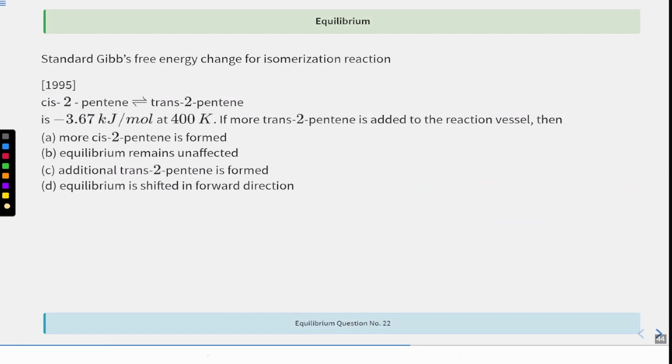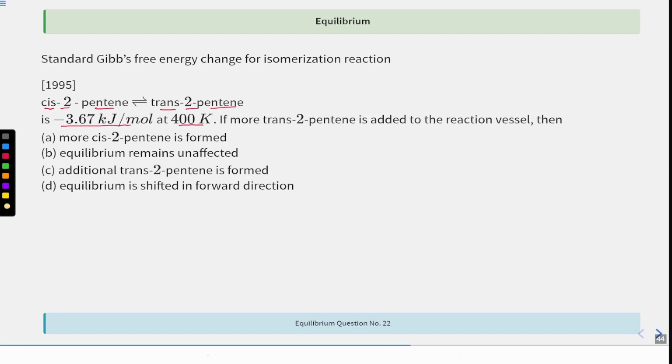Coming to question number 22. The standard Gibbs free energy for the isomerization is given at this temperature. The more trans is added, then what happens? So you have a reaction where cis-2-pentene gives rise to trans-2-pentene, right?